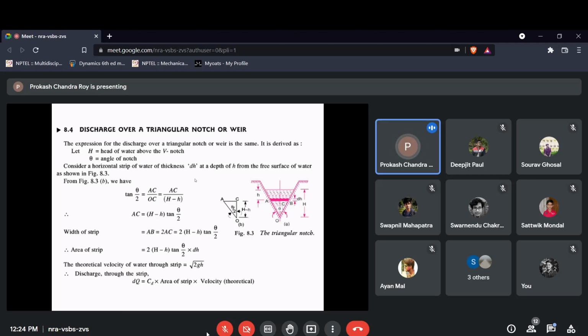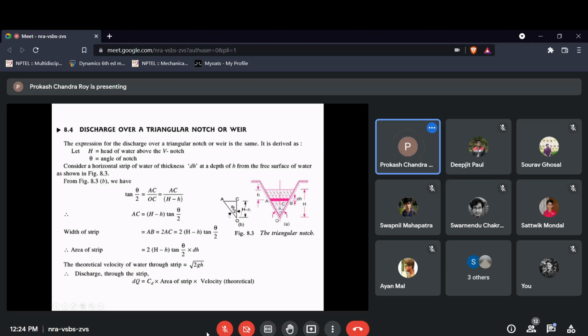We take the help of trigonometry. This angle is theta by 2, and this is also theta by 2. Here this strip is placed h below the free surface, and the total height of the notch is capital H. Here we construct two triangles, and OC is nothing but capital H minus small h.